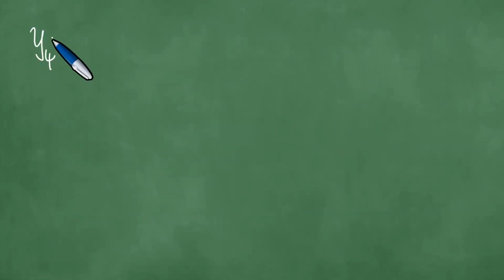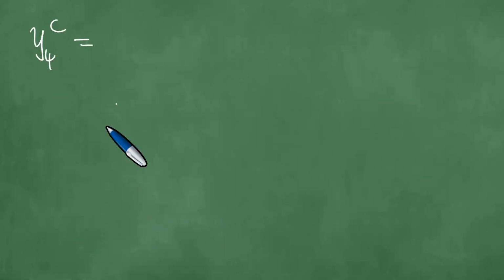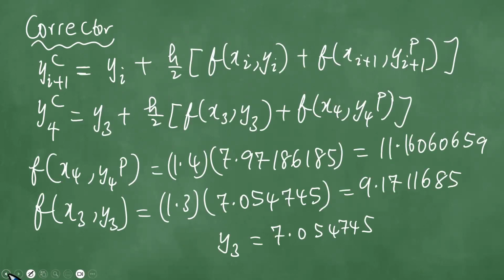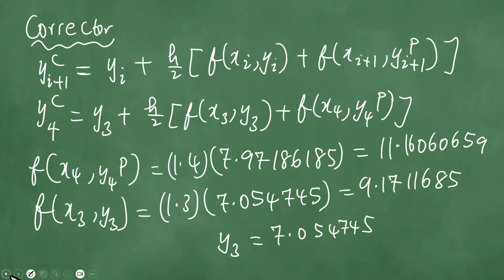Which means we'll get the last value we need for this calculation, which is the answer at 1.4. Y4C is Y3, just writing the formula, plus H over 2 into Fx3y3 plus Fx4y4p.